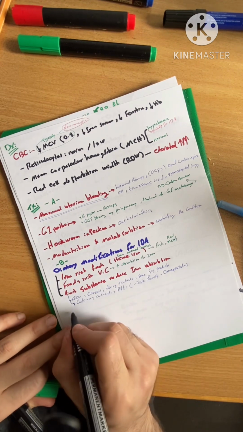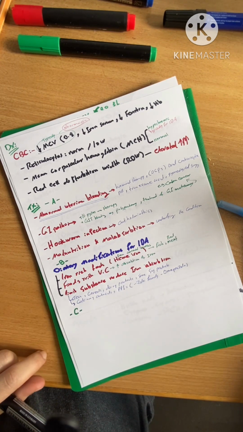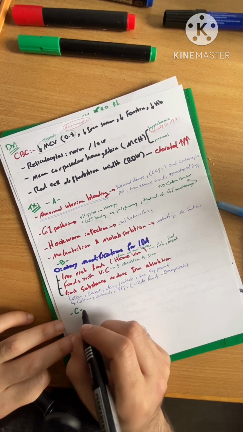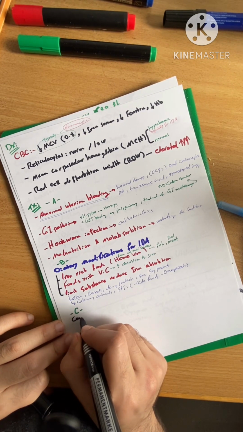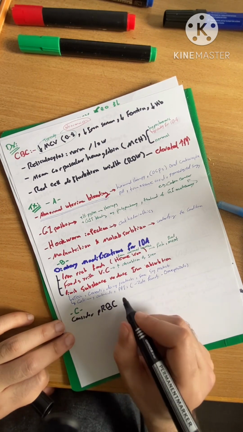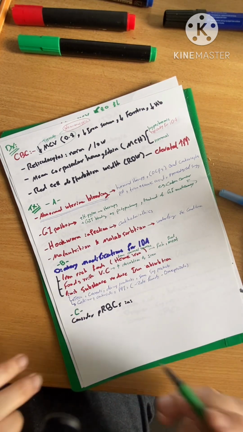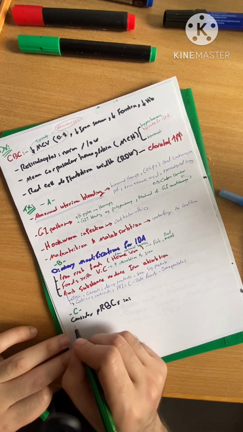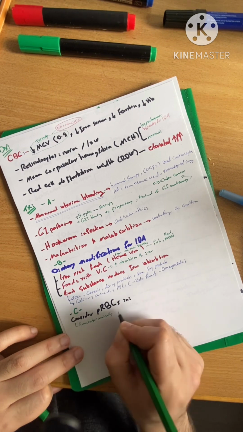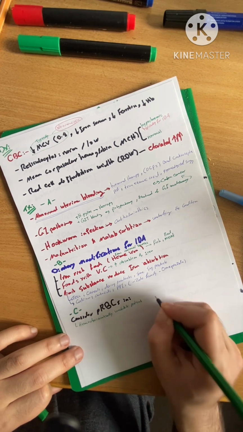Okay, section C for the treatment, which in this case we are considering PRBCs, blood transfusion, for example, in case of a hemodynamically unstable patient with anemia.